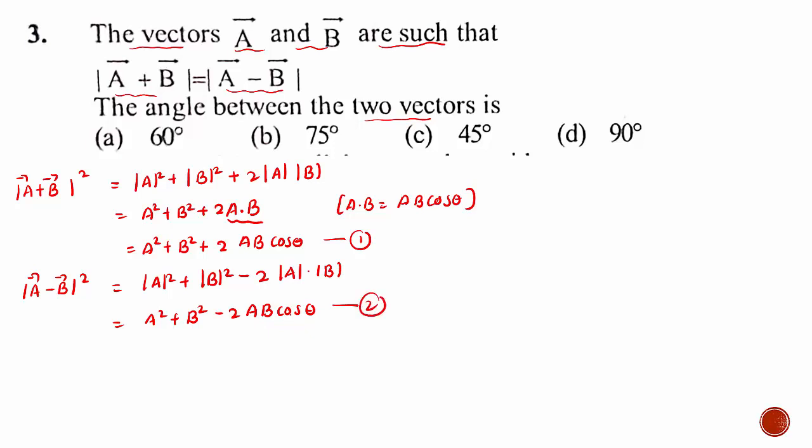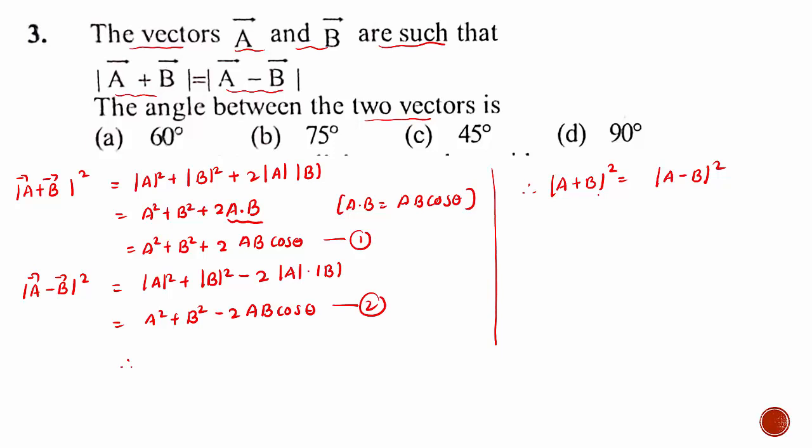According to the given problem, mod of A plus B is equal to mod of A minus B. So therefore I can write here, mod of A plus B whole square is equal to mod of A minus B whole square.